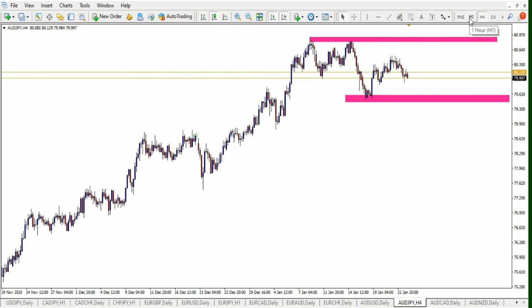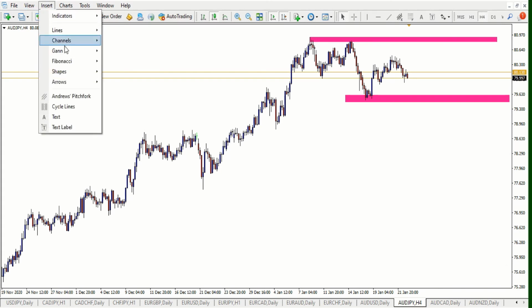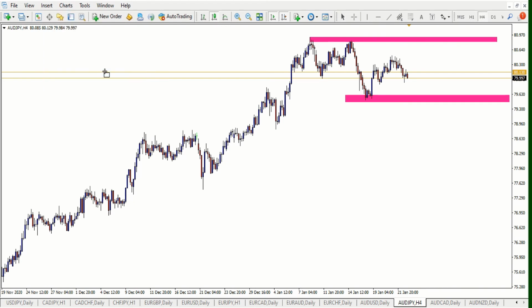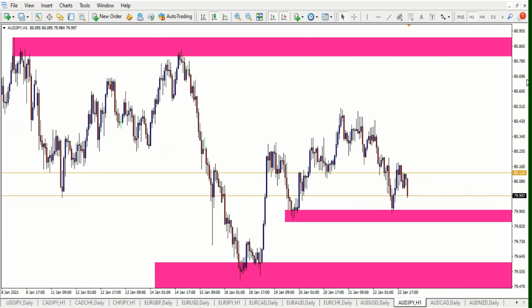We might also have a key level that I missed out somewhere here. So I can see that this could also be acting as a key level. Not as strong as these two key levels, but it potentially could be a place where the market could retest and continue making its way back up.